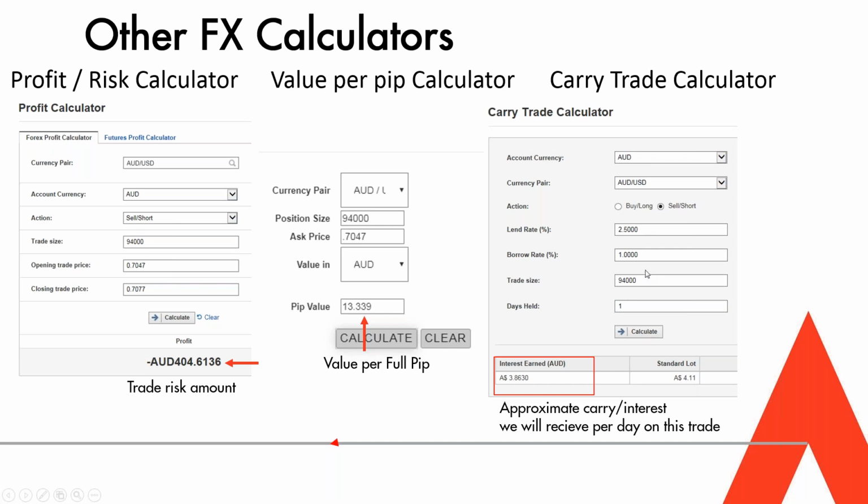Contract size, you need to type that in, $94,000 contract. So, just showing one day, it's telling us that we would be paid $3.86 a day in interest. So as opposed to paying interest, here we will actually be receiving it. So interest is actually working in our favor for our short trade on the Aussie US dollar.